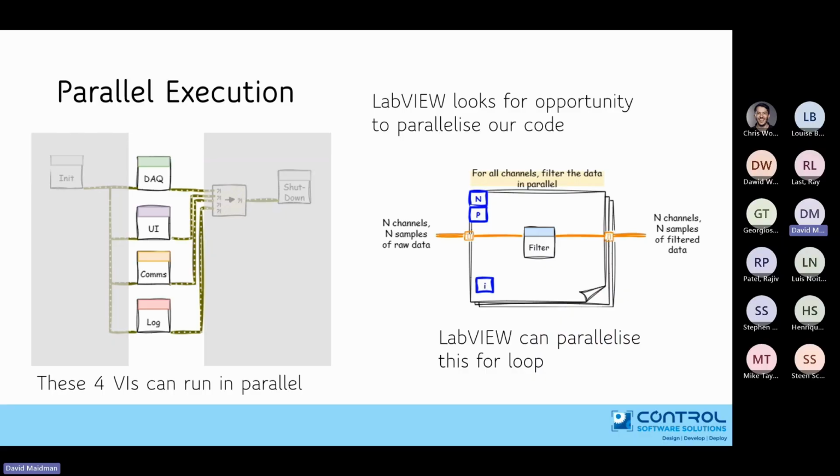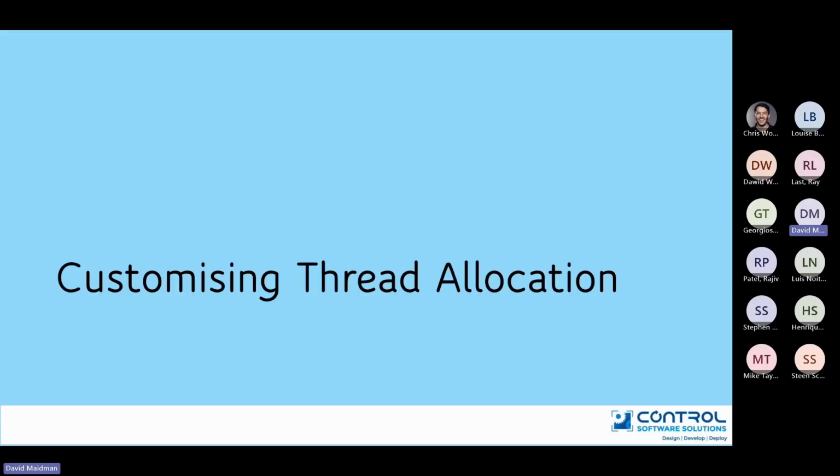Similarly, the comms, we may set that to be instrument IO, and therefore, unless told otherwise, anything that runs within this sub VI would also execute within that thread pool. Okay, so I just wanted to point that out before we talk about it a bit when we look at the guidance.